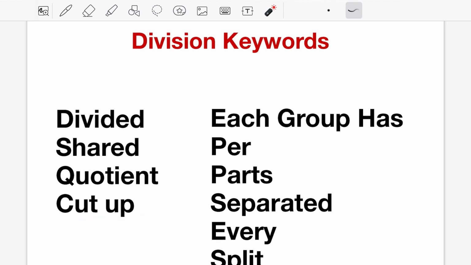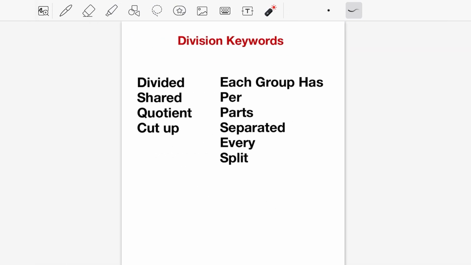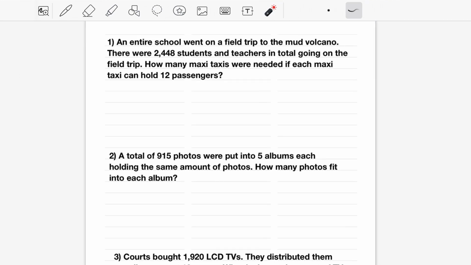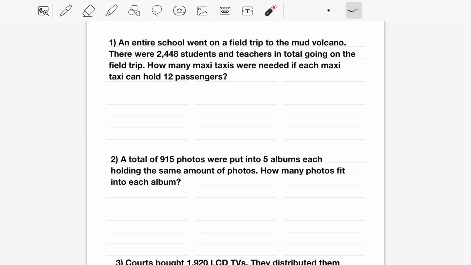Each group has per, parts, separated, every, each, split. You can feel free to pause the video and attempt the questions now.